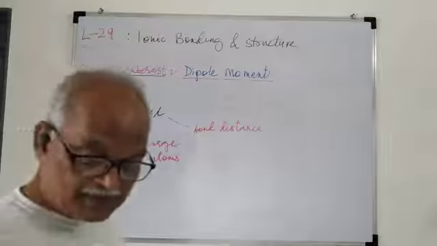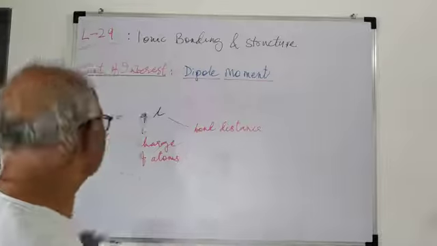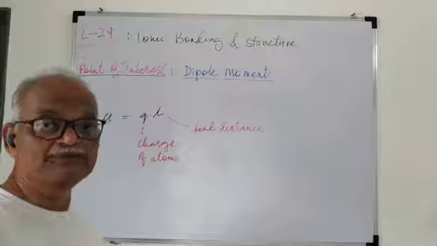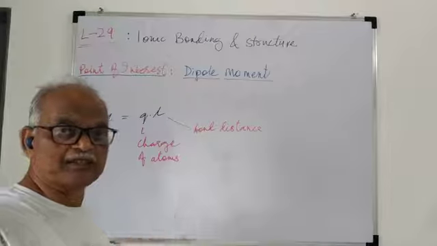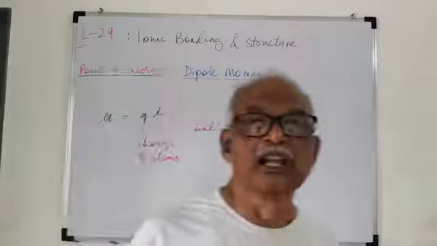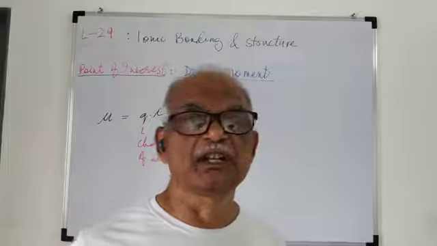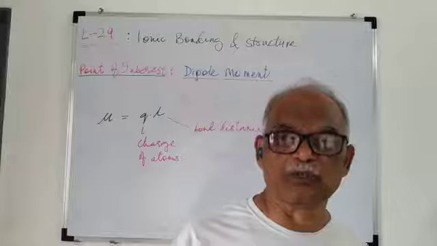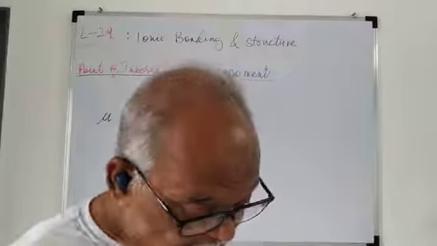This gives us the dipole moment value for the bond AB, and in this generalized way we can calculate the bond moment for any diatomic molecule or bond.